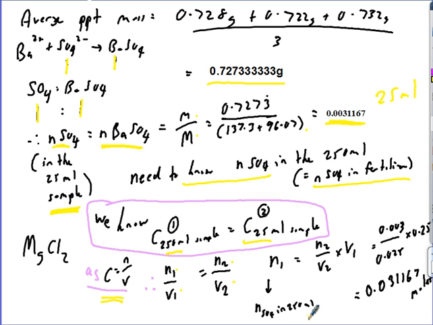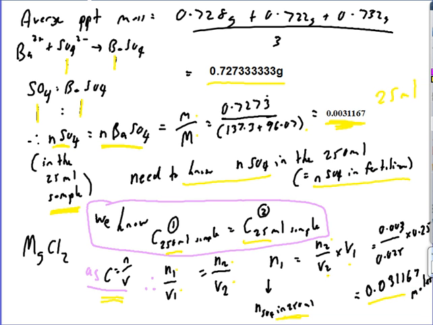So N1, the moles in the 250 ml sample, is N2, the moles in the 25 ml sample, which is that number up here, divided by the volume of the 25 ml sample, which is 0.025, times the volume of the original 250 mL, which is 0.25. Doing that calculation, we can now say there's 0.031167 moles of sulfate in the 250 ml sample, which also means there's 0.031167 moles of sulfate in the fertilizer.